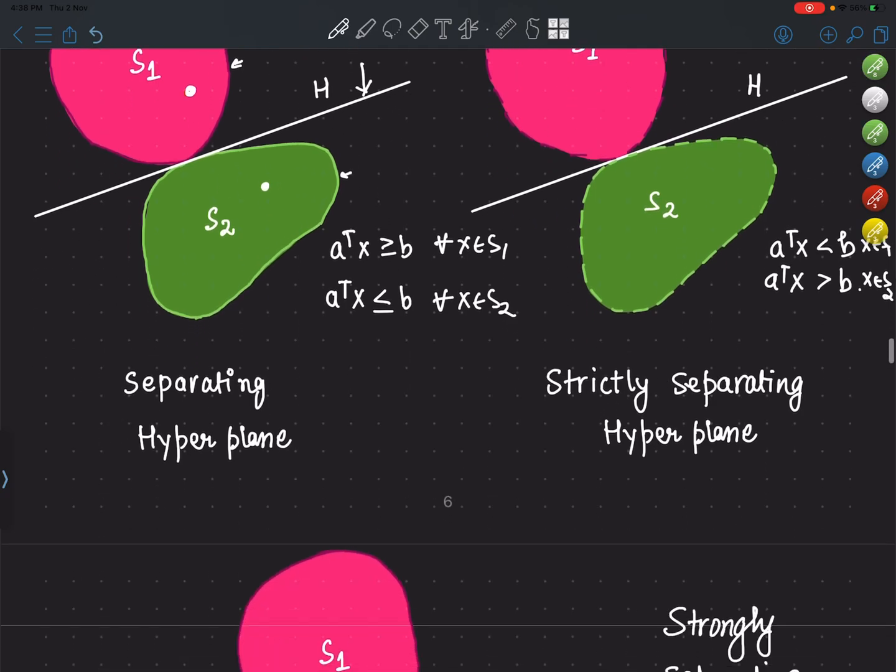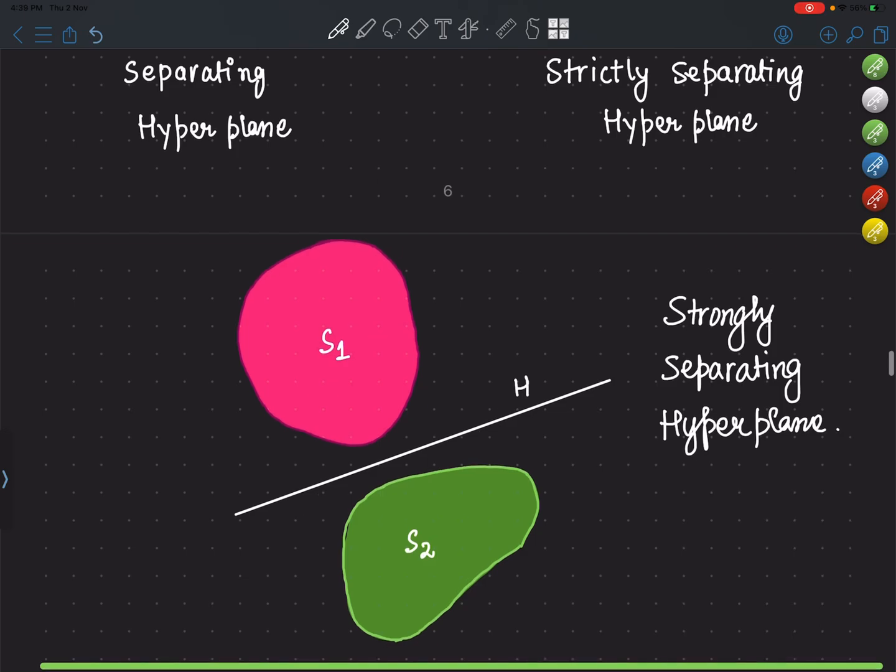What is a strongly separating hyperplane? It can be possible that S1 and S2 are separated by a distance. Then that is called a strongly separating hyperplane. So this hyperplane is strongly separating the two. Okay.